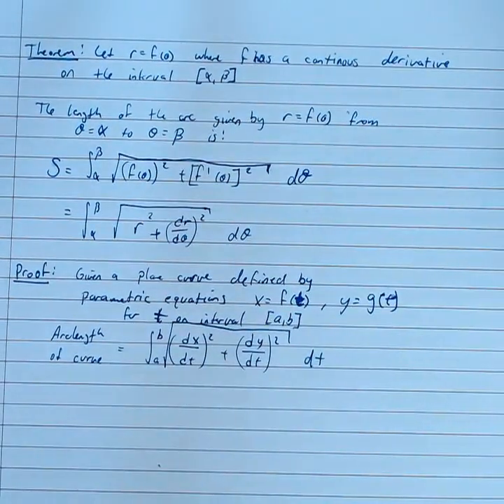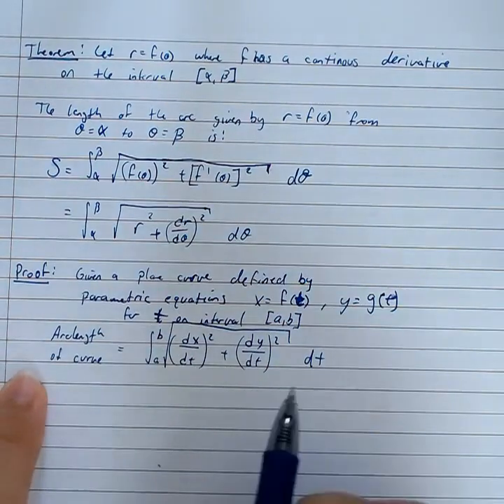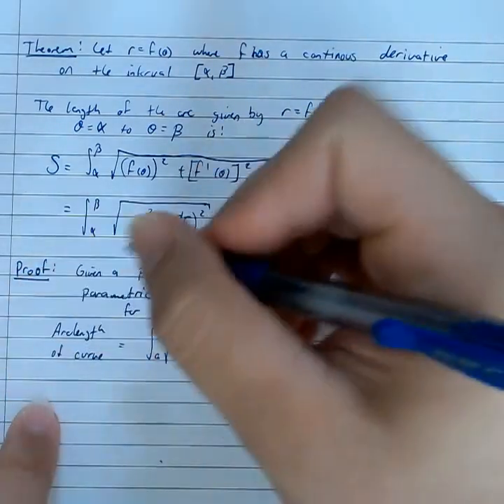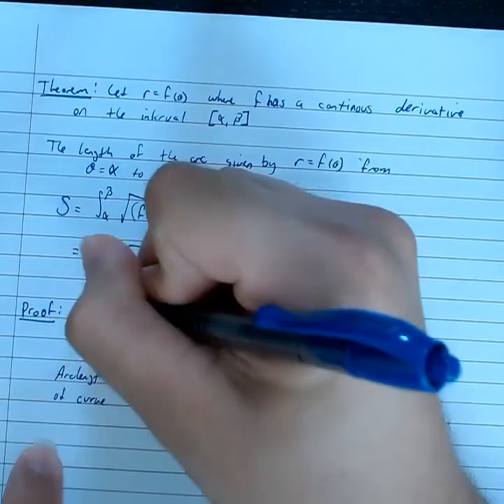Okay. So we have the arc length formula for a plane curve defined by parametric equations. And also recall, so here I'm just going to remind you of two things.